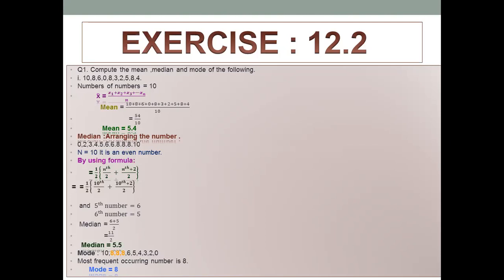That is n by 2 plus (n plus 2) by 2. Here n is 10. 10 over 2 plus (10 plus 2) by 2. 10 over 2 is 5, and (10 plus 2) by 2 is 12 over 2, which is 6. So 5 and 6.